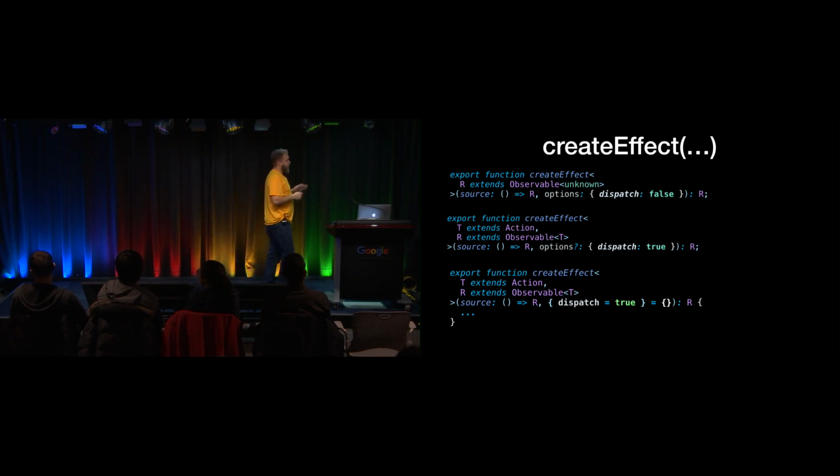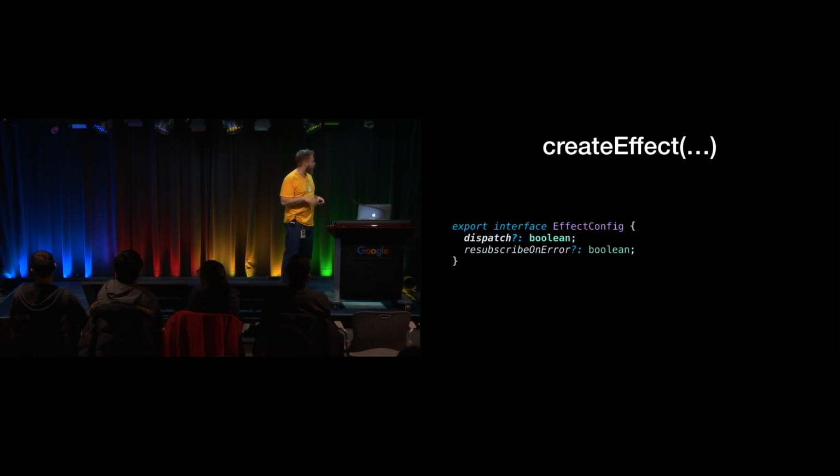I thought, OK, we can use the new TypeScript features and do it in a cleaner fashion, so this is where I got into this and changed it. But first, we have this EffectConfig that could have this dispatch property. Notice here, it could be boolean, meaning true or false, but it also has a question mark, so it could be undefined altogether.